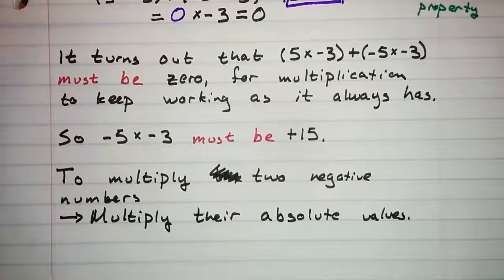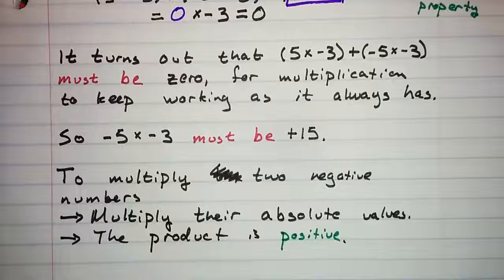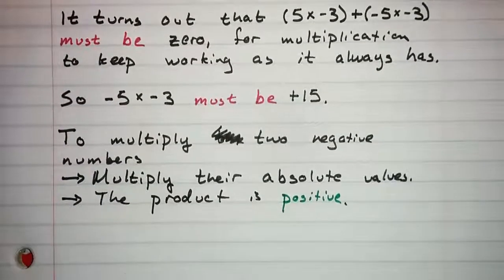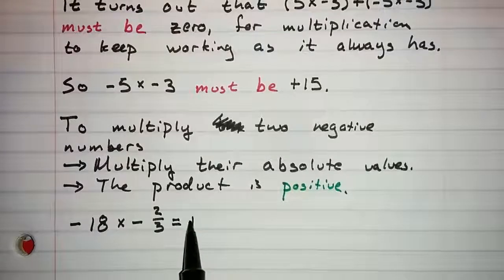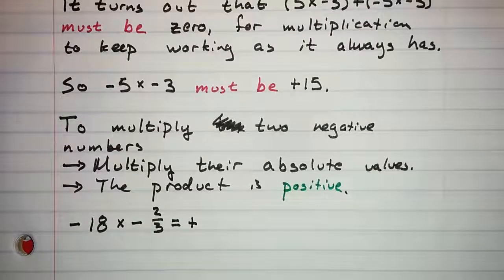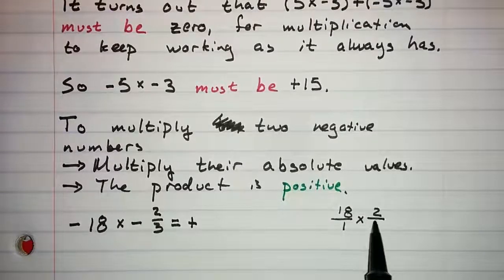To multiply two negative numbers, first we multiply their absolute values, and the product is positive, or 0. So if, for example, we want to multiply negative 18 times negative 2/3, well, the answer is going to be positive because this is negative times negative. 18 times 2/3. That'll be, working this out off to the side, 18 over 1 times 2/3.